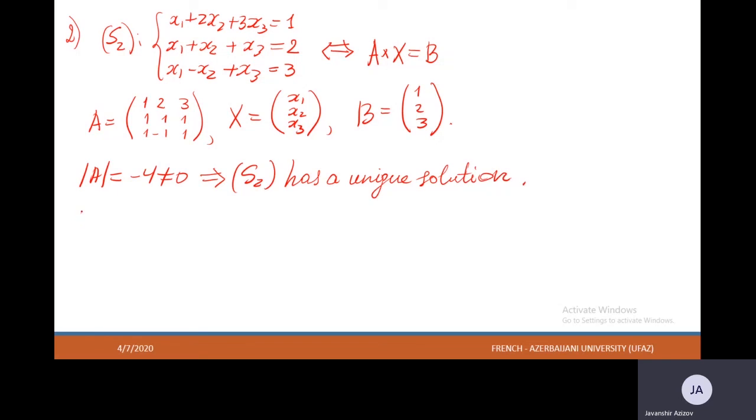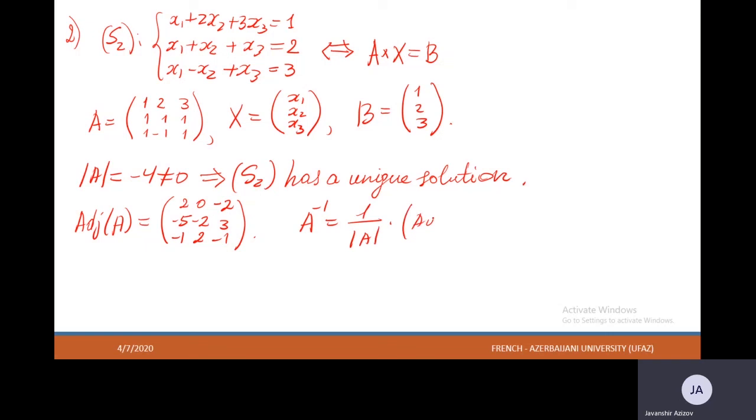The adjoint matrix of A will be the matrix of 2, 0, minus 2, minus 5, minus 2, 3, minus 1, 2, minus 1. As we know, the inverse of A is defined by this expression: 1 over the determinant of A times the transpose of the adjoint matrix.